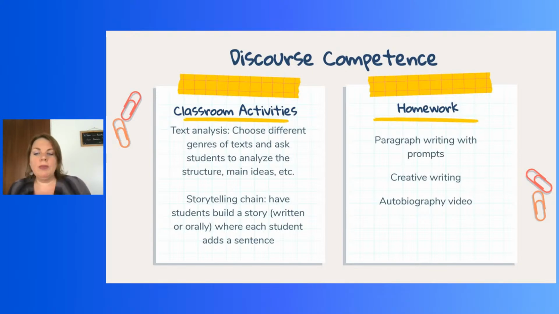We can also do something like a storytelling chain, which is where we have students build a story, either written, one sentence per student on a piece of paper, or orally, where each student adds a sentence. How are we developing discourse competence in this way? Because we're looking at coherence, right? We're making sure that the story stays in the same line. It goes together, it flows, yeah?